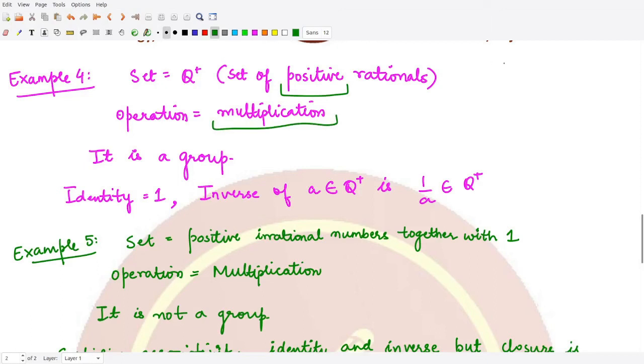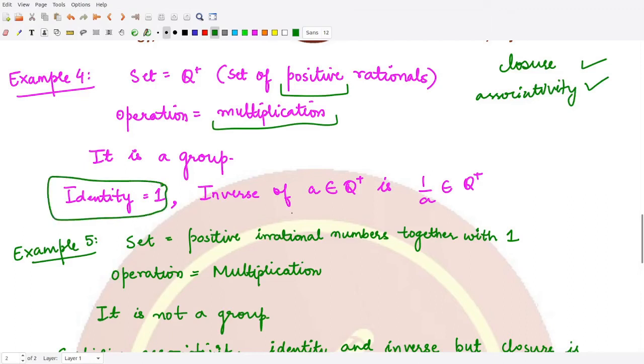Why? Because the closure property holds for rationals under multiplication. Associativity holds for rational numbers under multiplication. That is also true. What is the identity of the group? The identity of the group is 1. And the inverse of each element: if you take an arbitrary element A, which is a positive rational number, then its inverse would be, because the operation here is multiplication, some number by which you multiply to get back the identity.